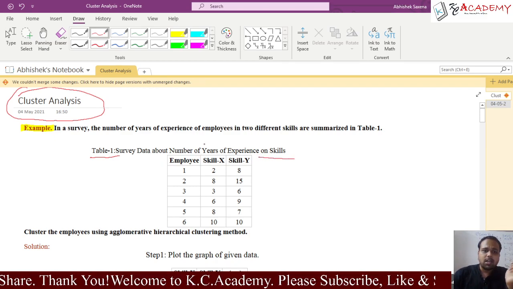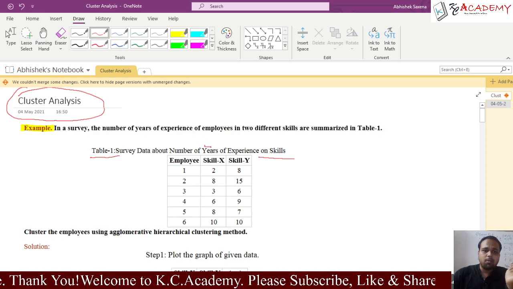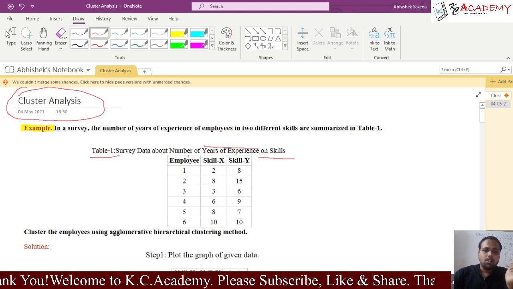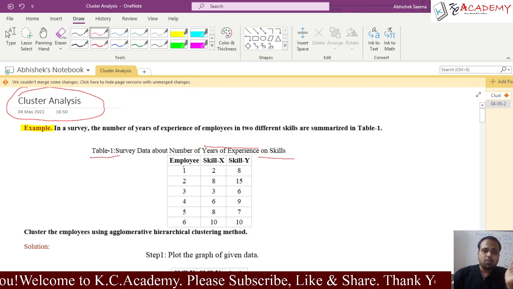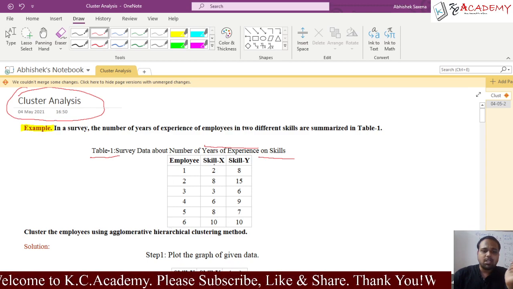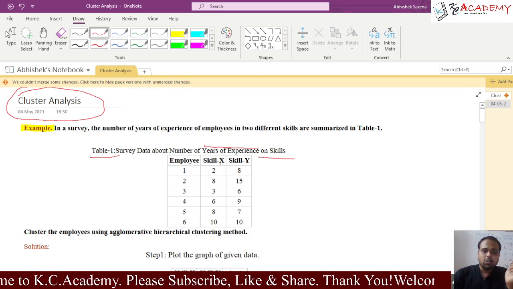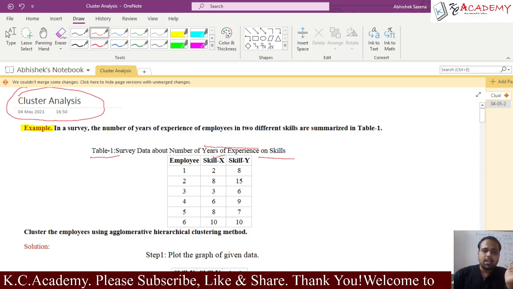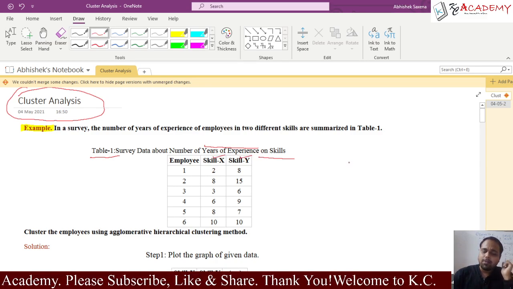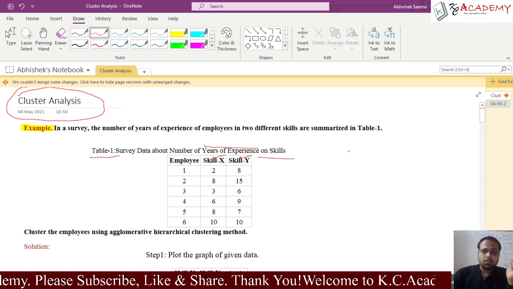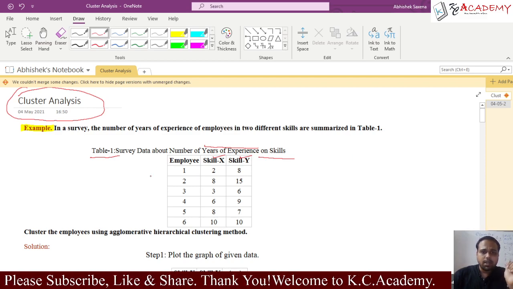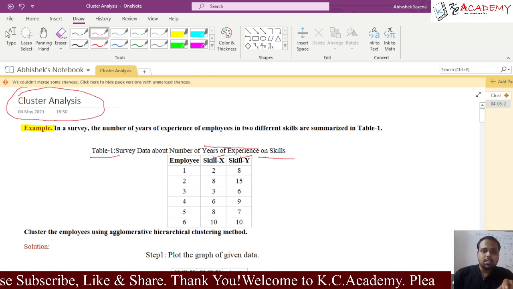We have employees 1, 2, 3, 4 and 6 employees given, with skill X and skill Y. So we have these two things, skill X and skill Y, in this question.